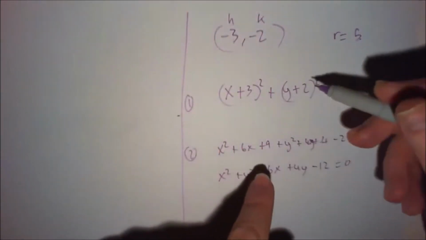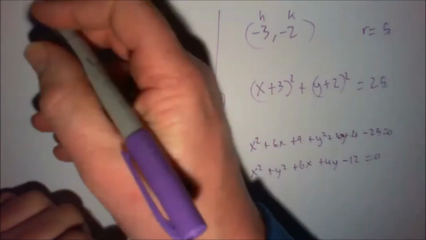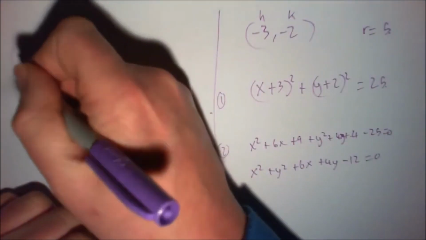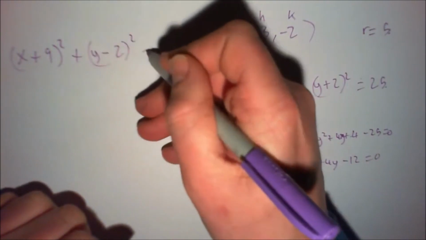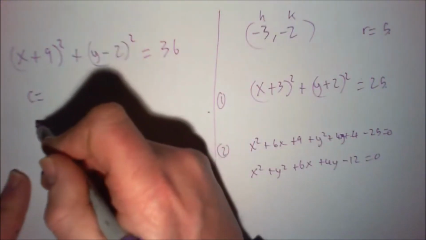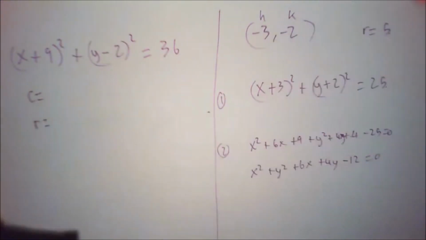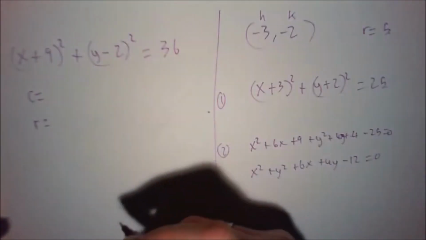Let's write down 2 of these and get our center and radius from them. So I want the center and I want the radius of this one. And then for the second one, I'm going to pick one from the book because I'm just not confident enough of making up one out of my own head.